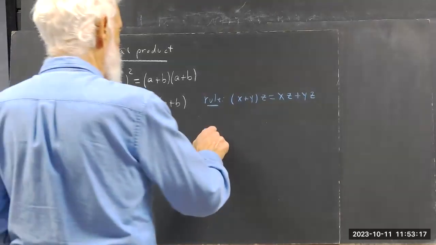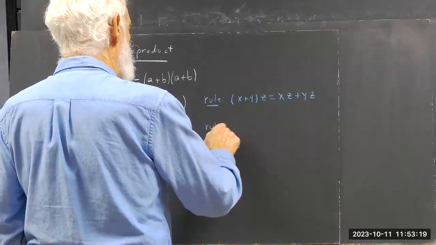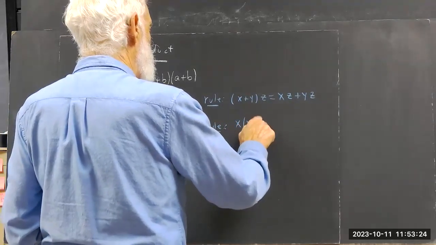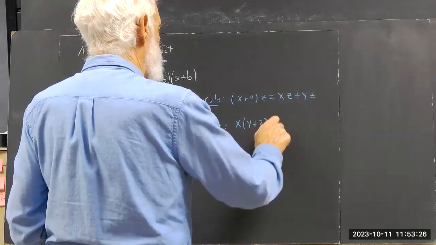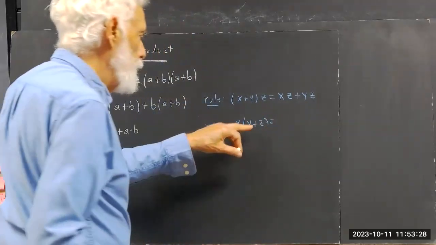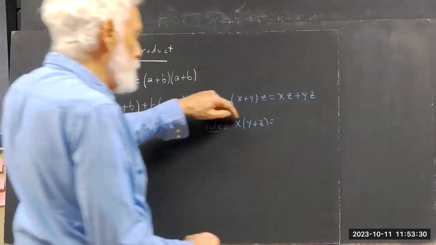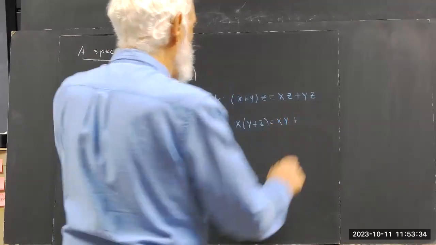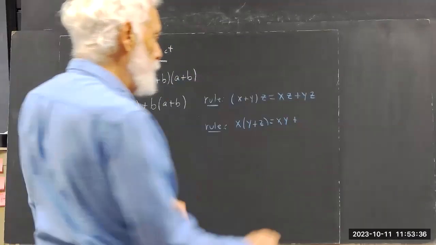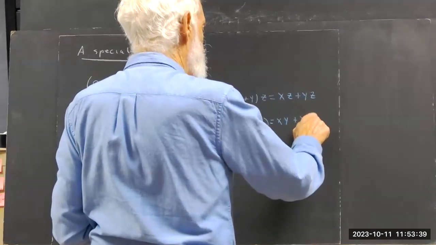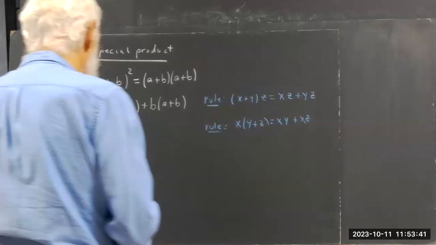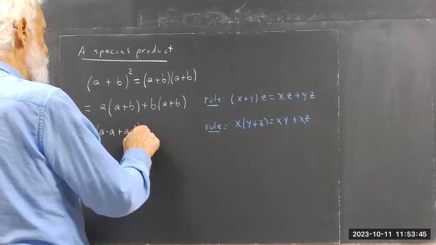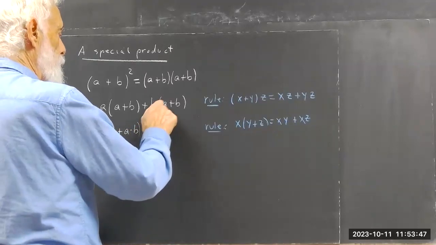And the rule for that is if you multiply x by y plus z, you got to multiply x by y. And then you got to multiply x by z. Okay, then, of course, we apply that rule here and we apply it here.